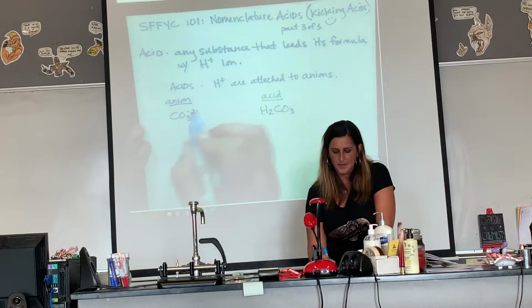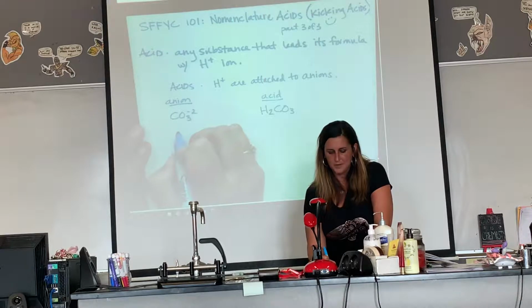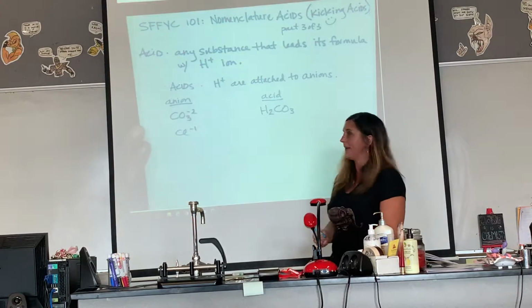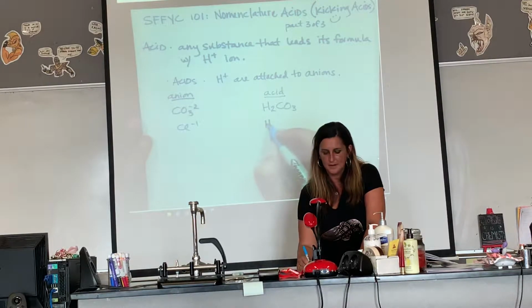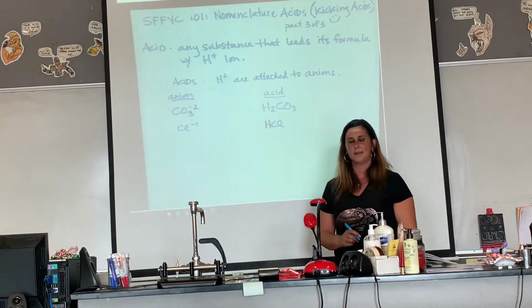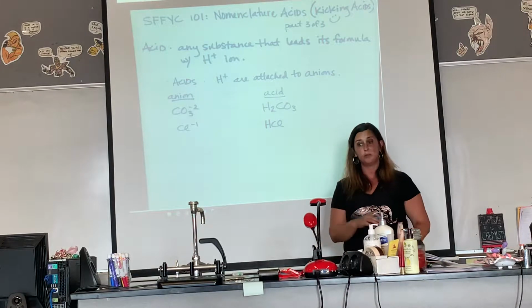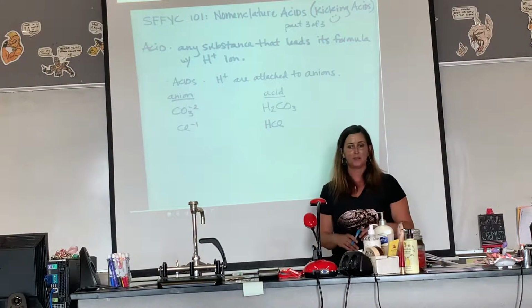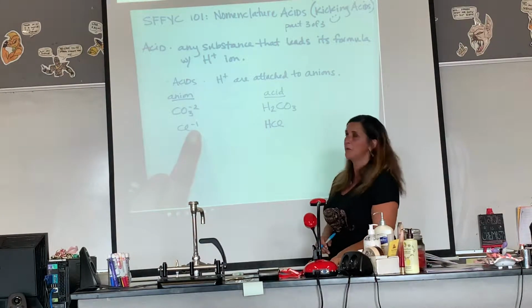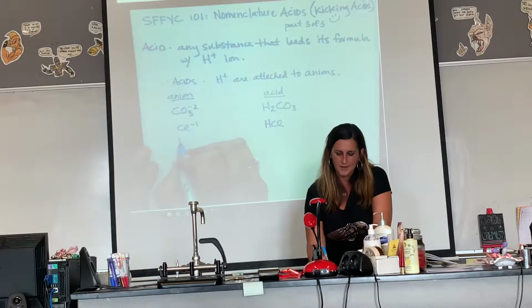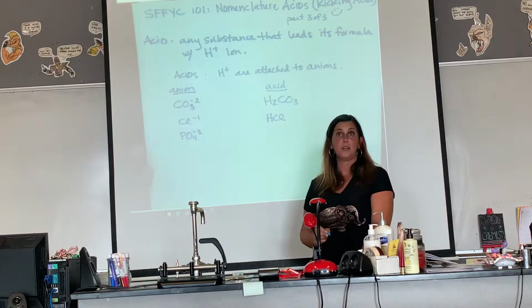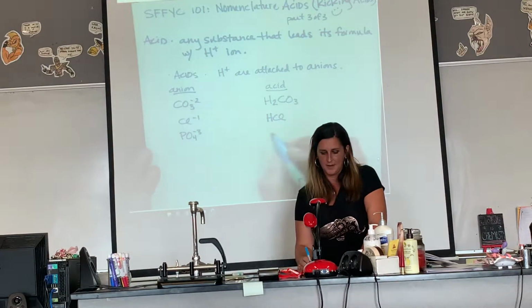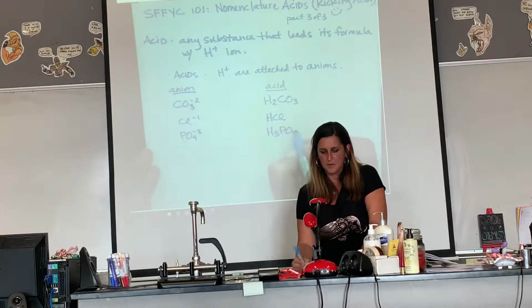As another example, regular old chloride, Cl-1, and the acid version of chloride is HCl, one hydrogen only, because the charge here is -1. One last example: we have PO4 -3, phosphate. The acid that it would form is H3PO4.